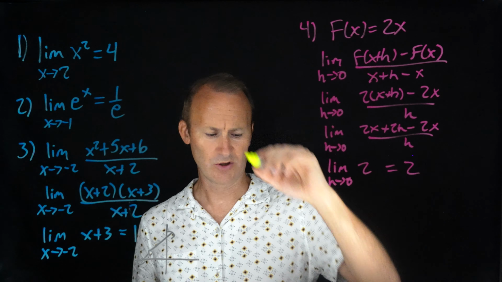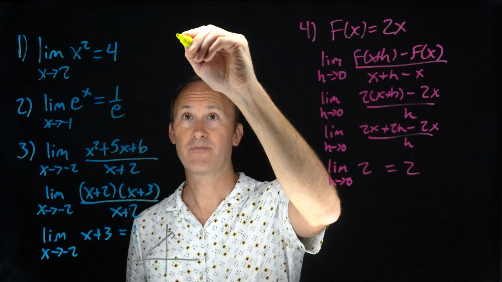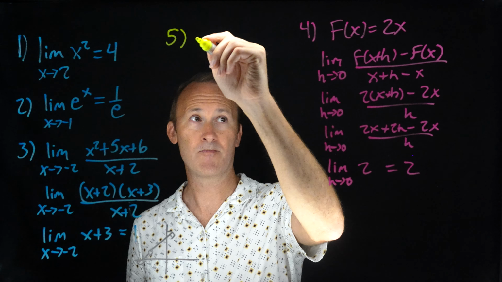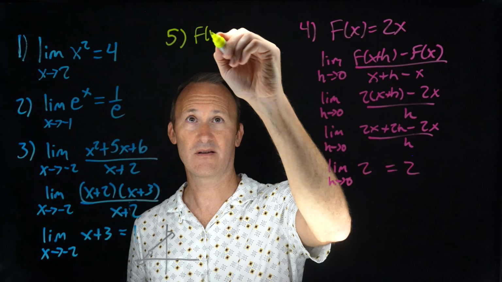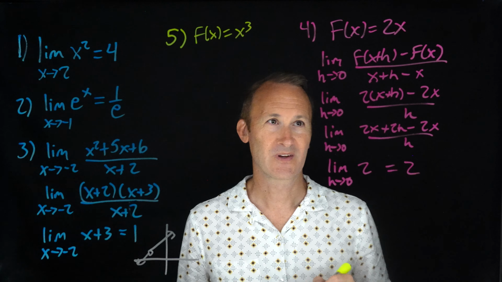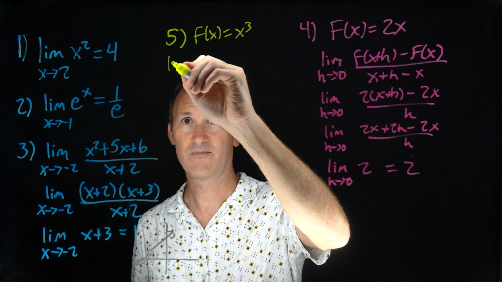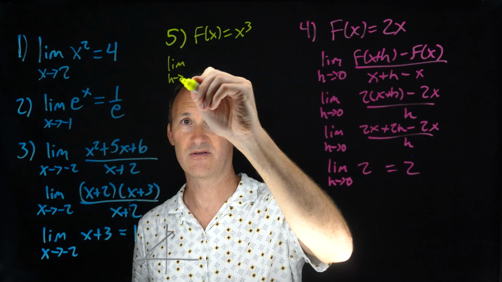And we will go with number 5, last one, f of x equals x cubed. Okay, so we're going to use the same definition, limit as h approaches 0.